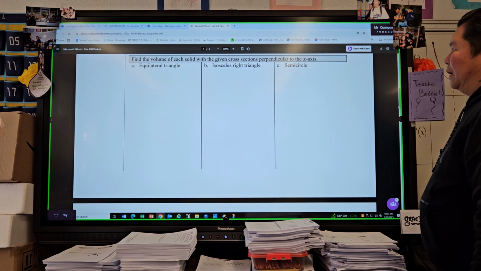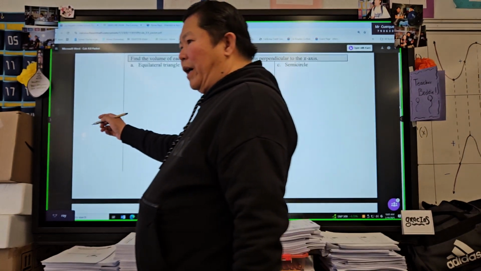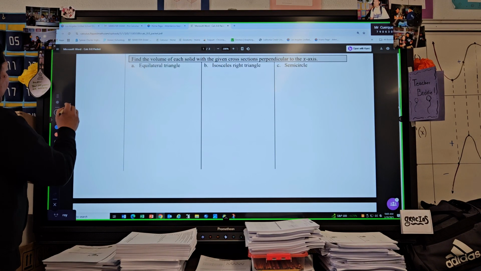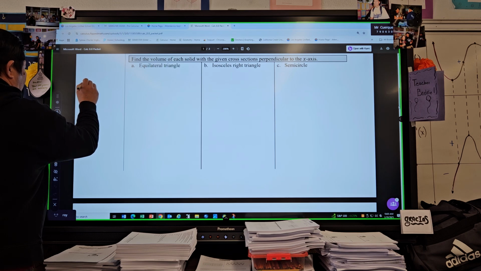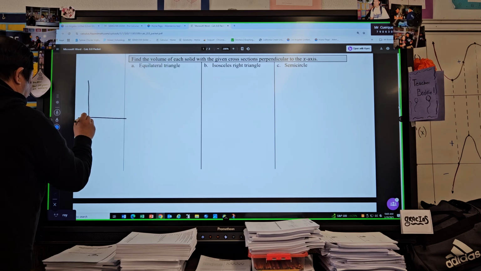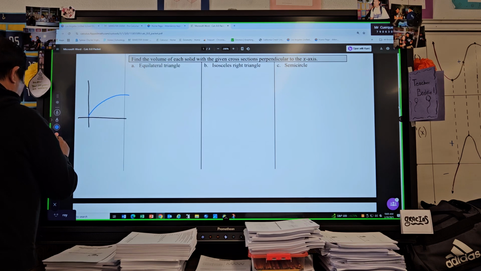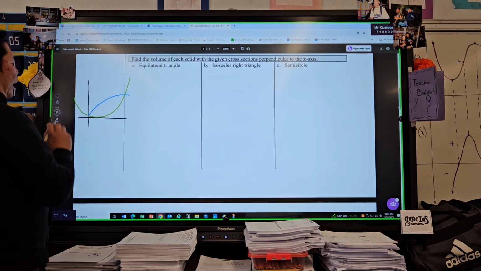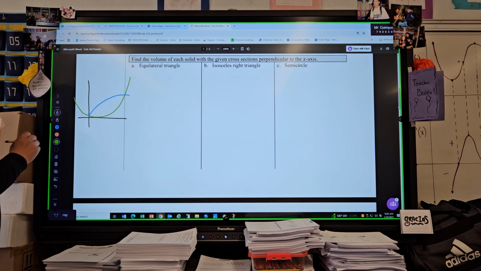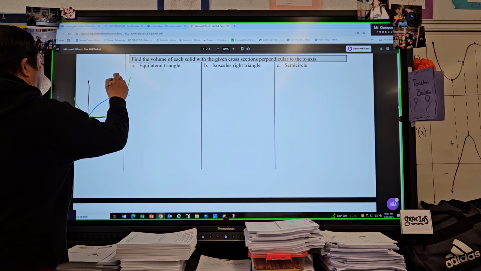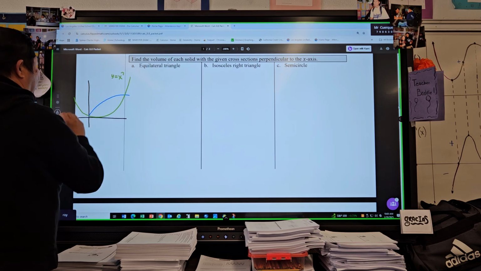So again, I'll just draw the graph right here, with the graph from a while ago. Given as a square root, I'll put blue color and a parabola. This green color is y equals x squared, right?